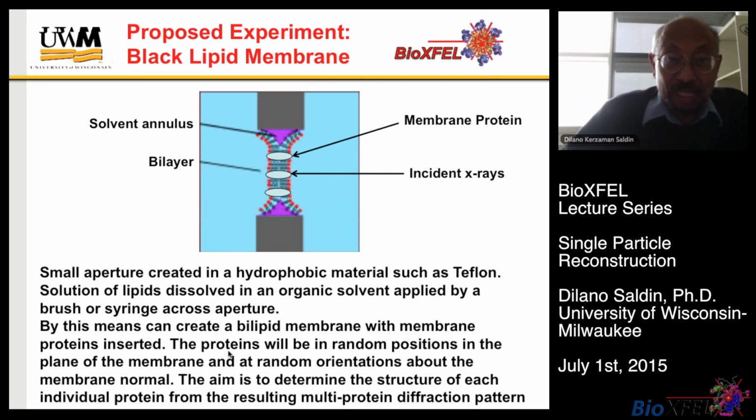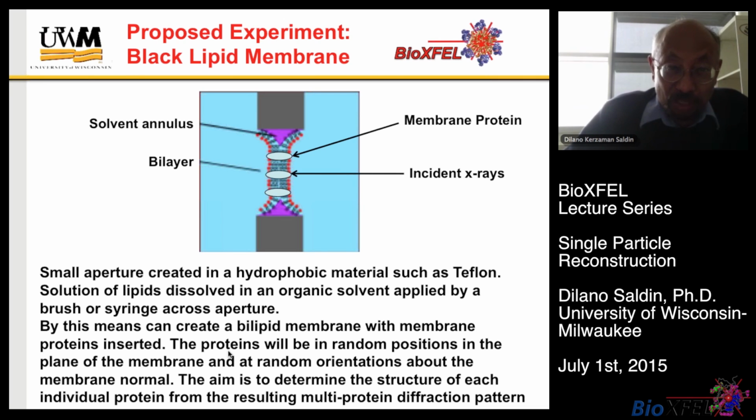But obviously membrane proteins like to exist in membranes. So if we could devise an experiment where the membrane proteins are illuminated while they are within a membrane, perhaps we can determine the structure of the membrane. So here's an idea for doing it.